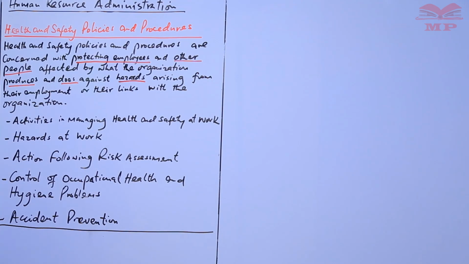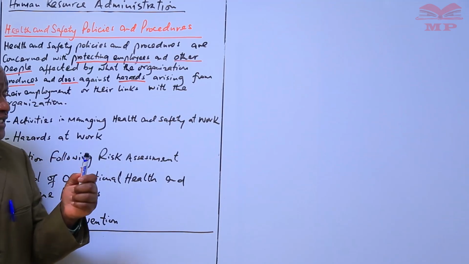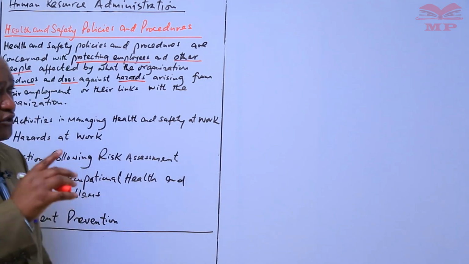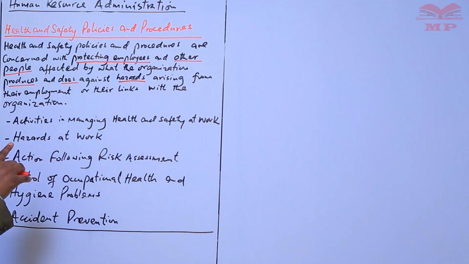Just to emphasize again, they are concerned with protecting employees and other people affected by what the organization produces and does against hazards arising from their employment or their links with the organization. Any lapses in health and safety can actually lead to death. That's why it is important to avoid deaths, injuries or damage in the work environment. This has to be taken very seriously.